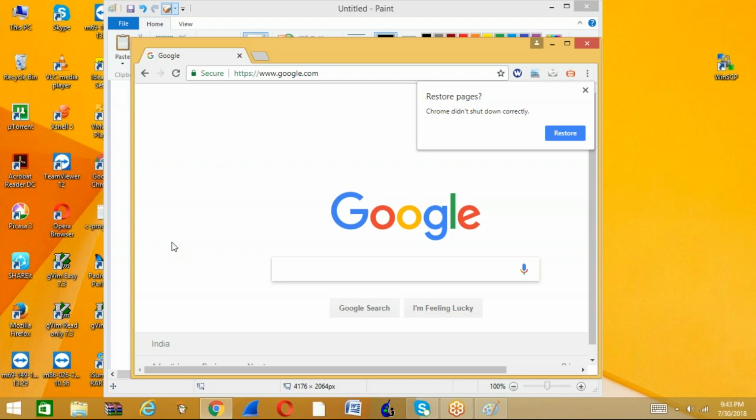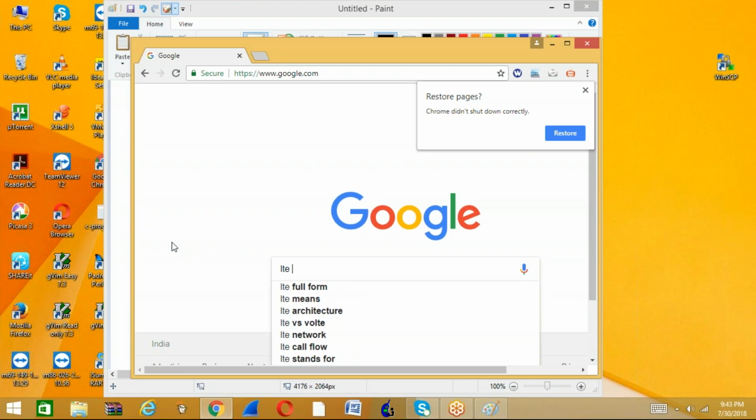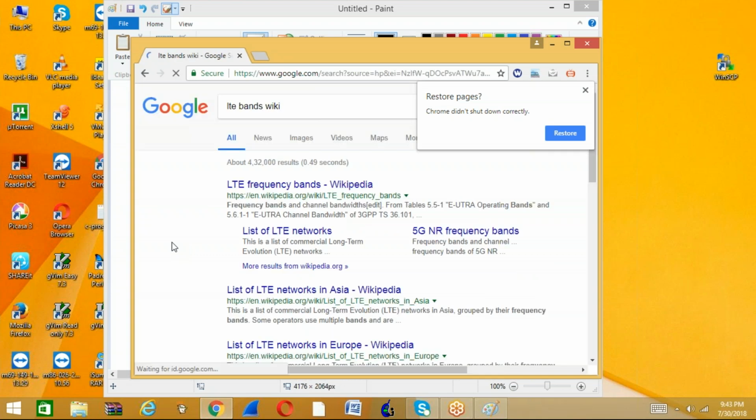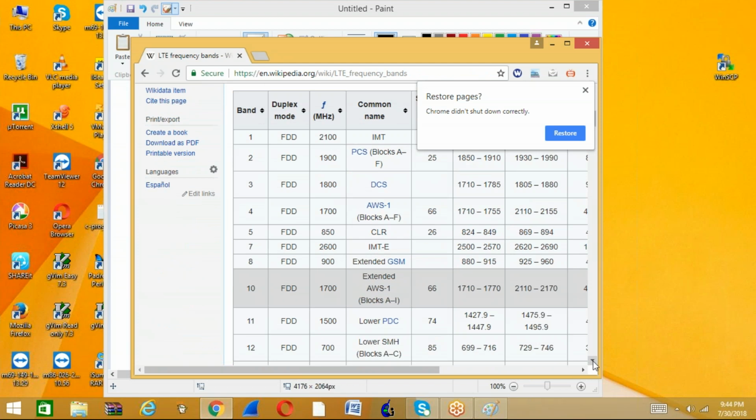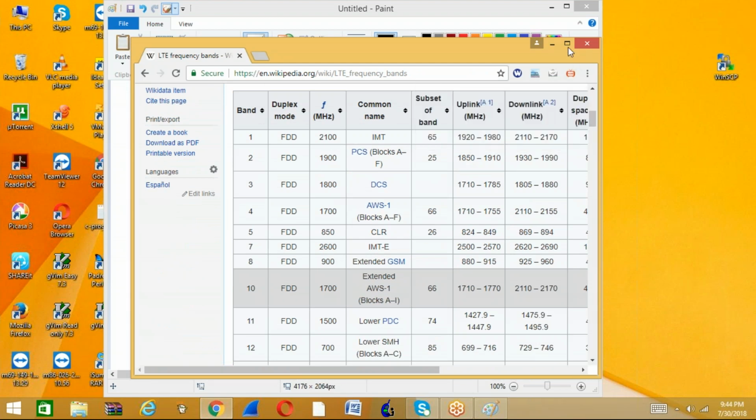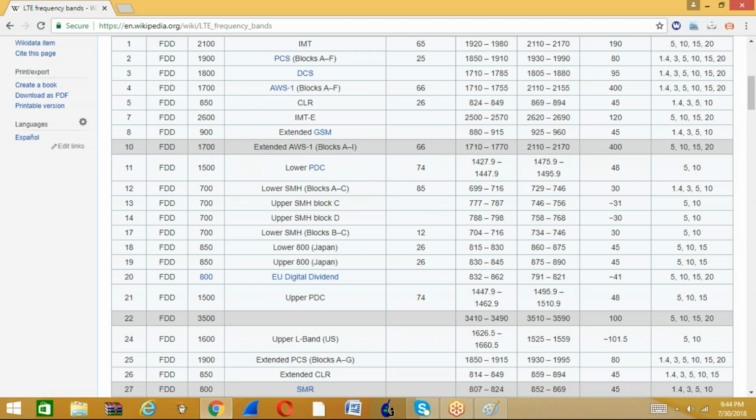So LTE bands, Wikipedia. I'll just go down. These are the bands list that I have. I open this.